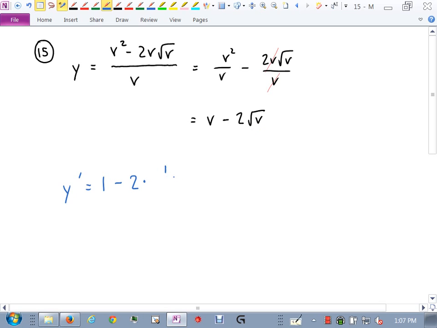It's 1 over 2 root v. Of course you could turn this v into v to the 1/2 and then do 1/2 v to the negative 1/2, but that all winds up turning into this anyway. And then cancel your 2's. And you get 1 minus 1 divided by square root of v.